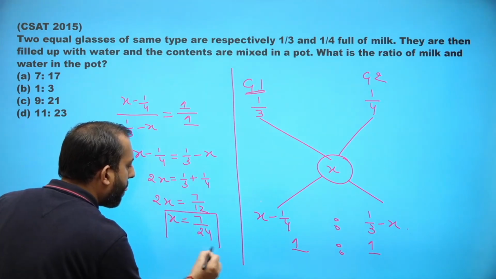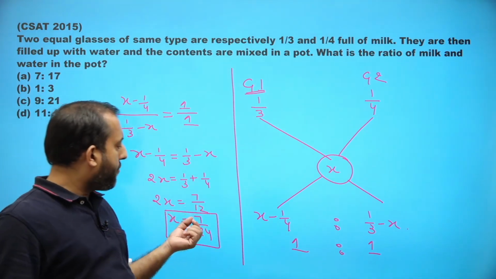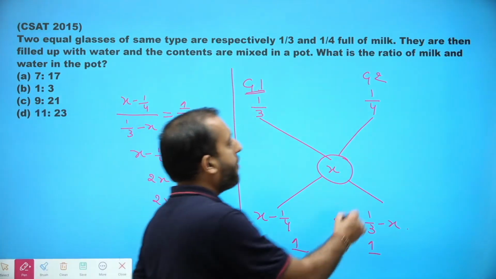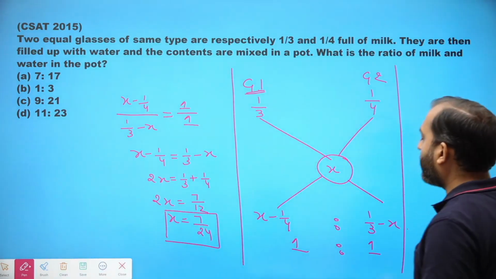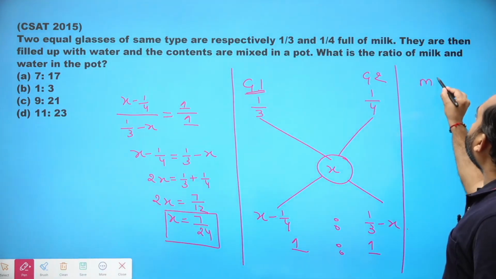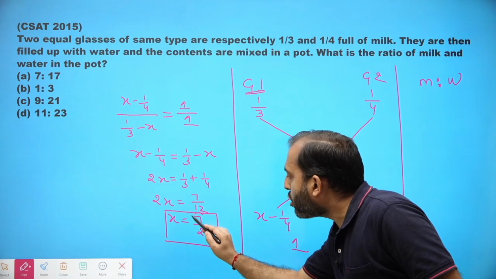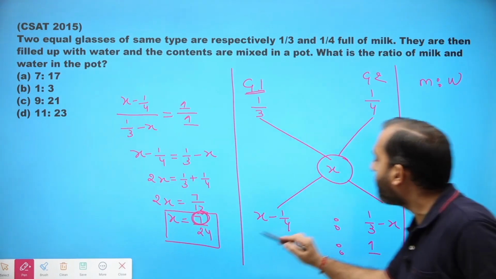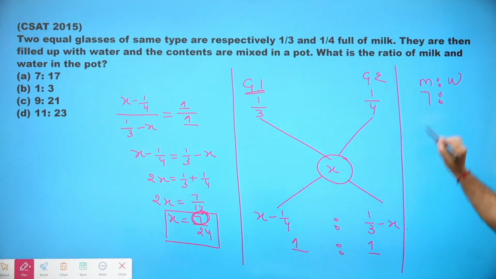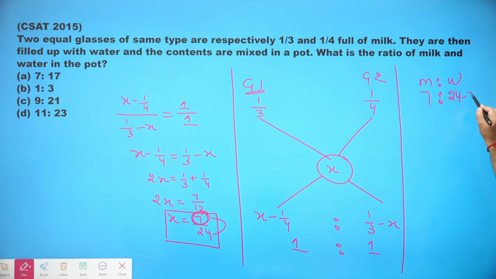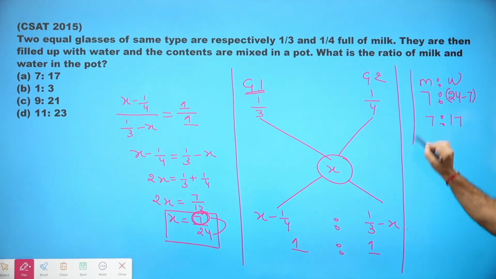So the fraction of milk is 7/24. So in the final mixture, milk is to water: milk should be 7, and for water subtract these two, 24 minus 7. If we solve this, it comes out to be 7:17.